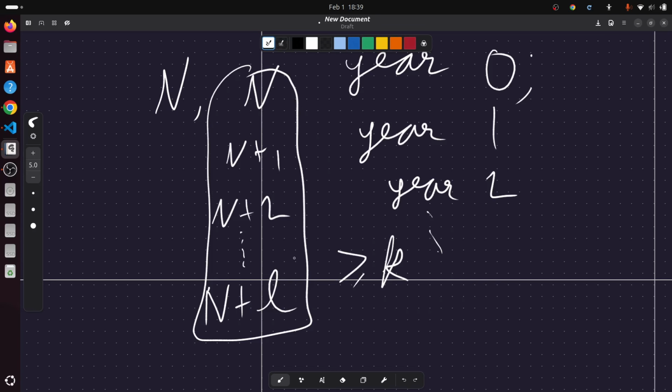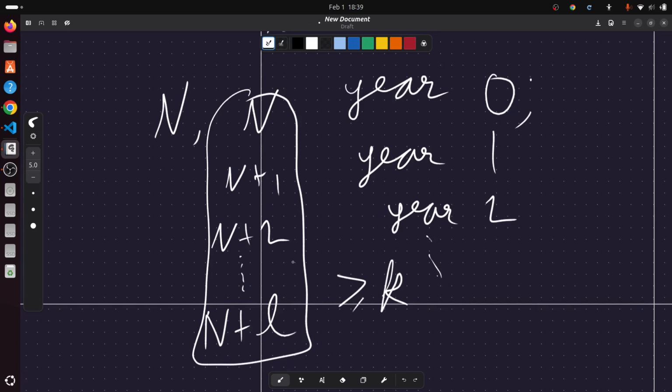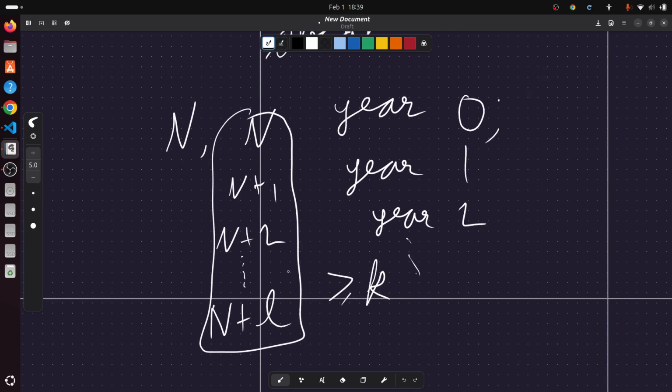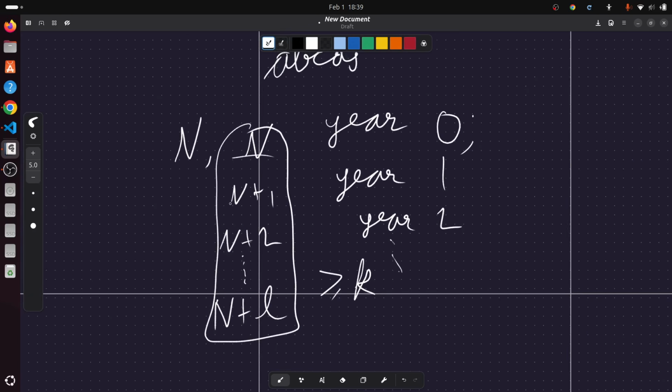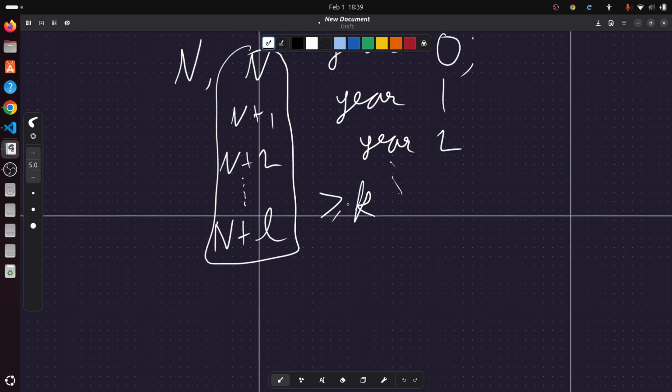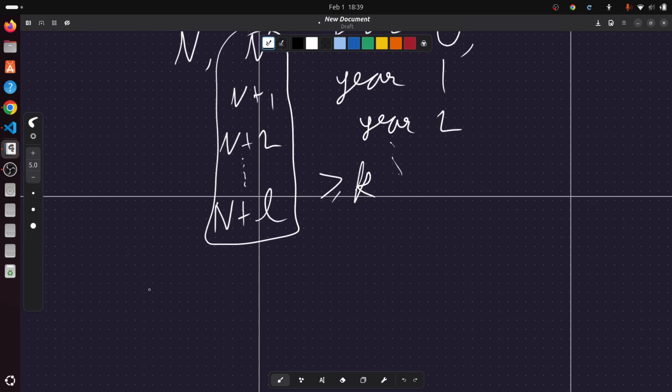Okay, so that is the question. Every year we eat these many beans, and we want to eat a total of at least k beans, right? So basically we want that n plus n plus 1 plus n plus 2 up till n plus l should be greater than or equal to k.